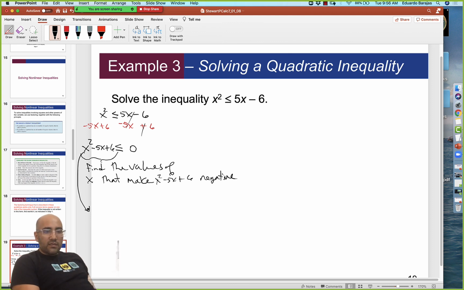Now, that's this technique, and of course that depends on us being able to factor, so that's a whole other problem, but okay, let's factor it. Here, it should be okay. We want two numbers that multiply to 6 and add to negative 5. So that should be x minus 3, x minus 2 is less than or equal to 0 after we factor it.